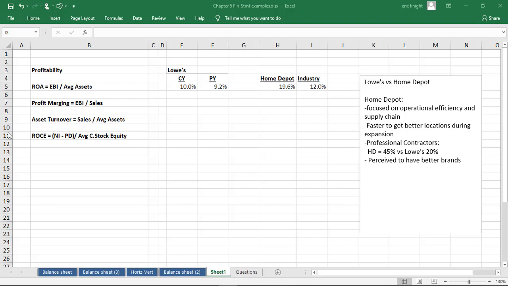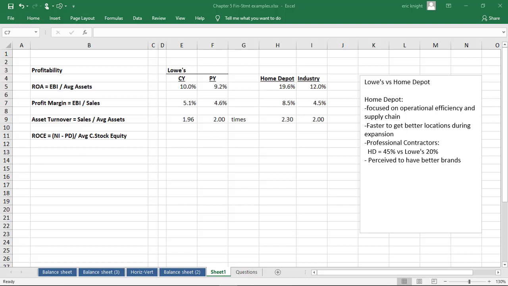The profit margin tells us if we have differentiation, meaning that we've separated ourselves and made ourselves different enough that we can charge a higher margin. And the asset turnover shows us if we have better operational efficiency. Let's compare both of these for Lowe's, Home Depot, and the industry average.